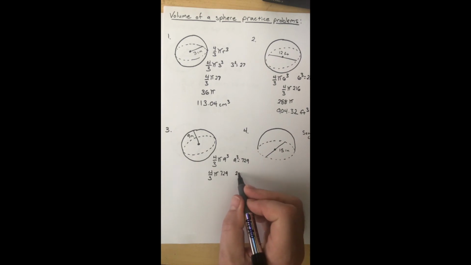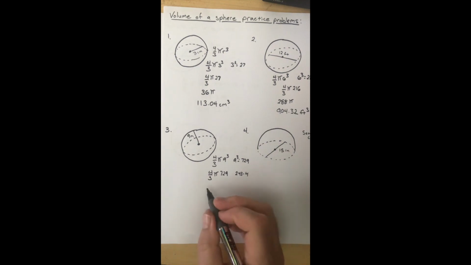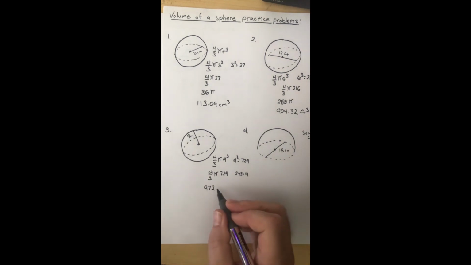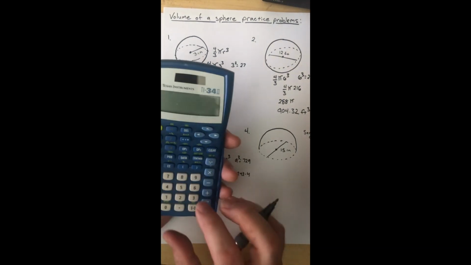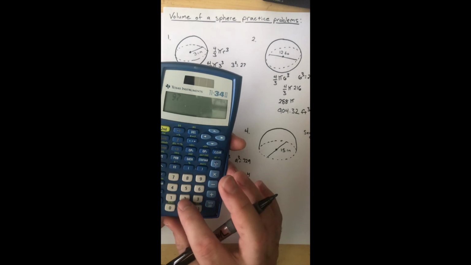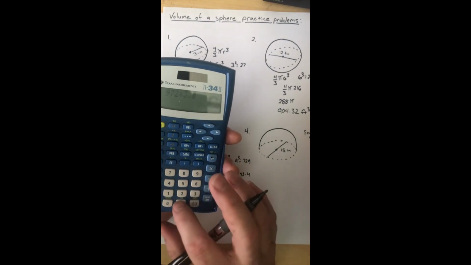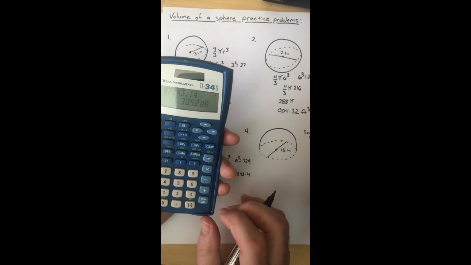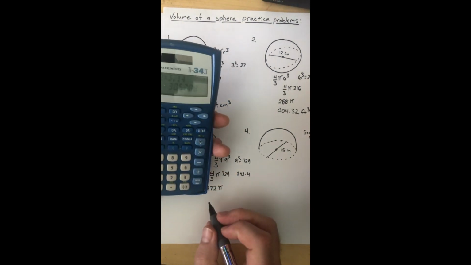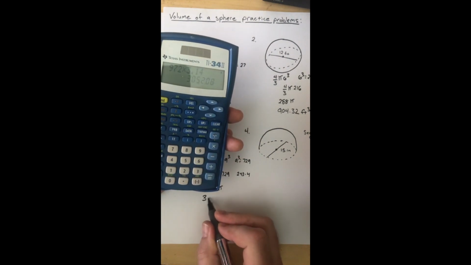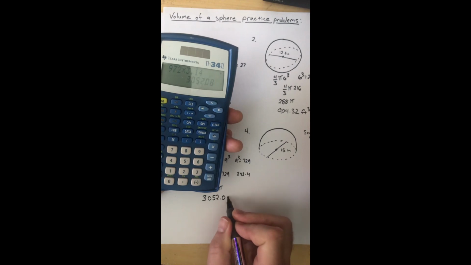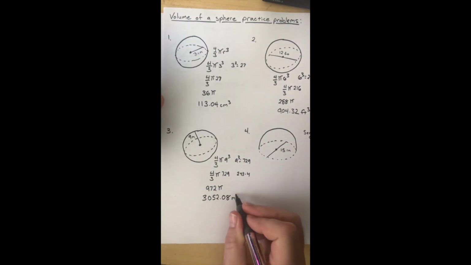Times 4. That's 800, 960, 972. Oof, that's a big one. Times pi. So this one's going to be somewhere around 2,900, I would imagine. Let's see what we get. 972 times 3.14. Wow, nope, all the way up over 3,000. I guess that makes sense, it's closer to 1,000. Anyways, so 3052.08 meters cubed.